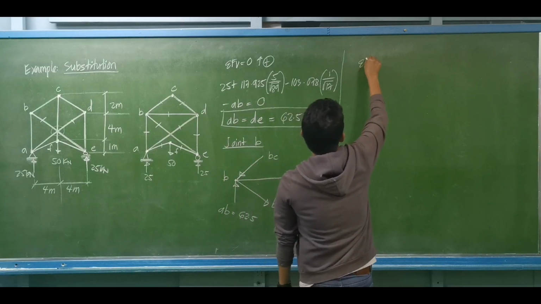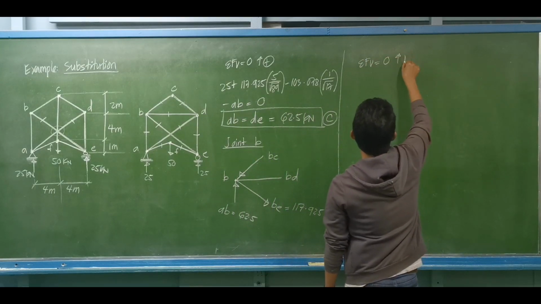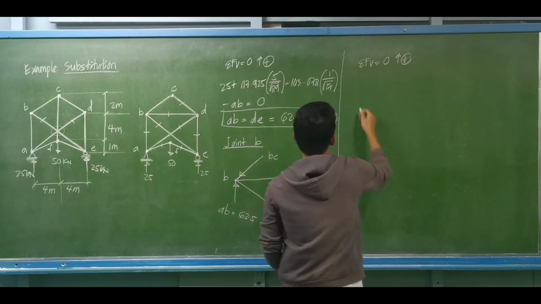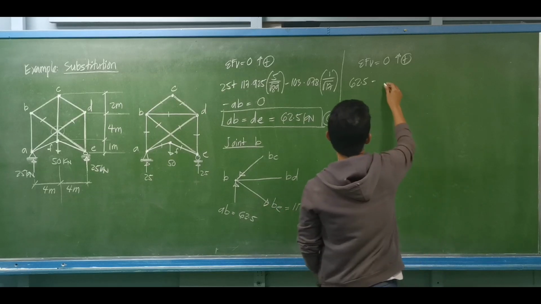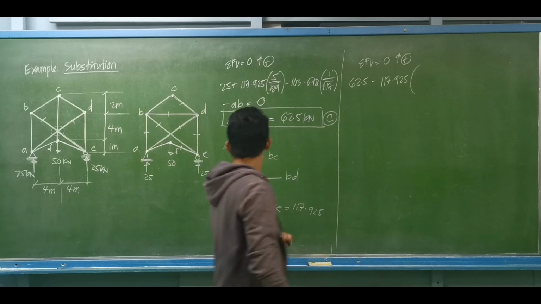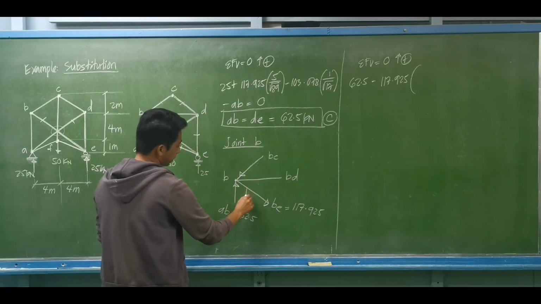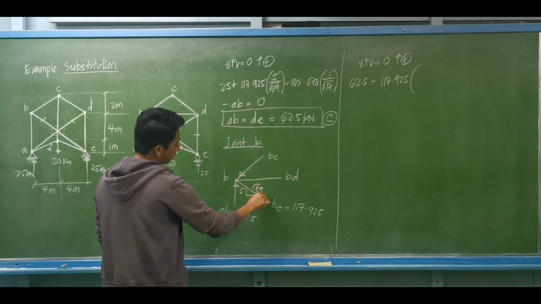So this is by summation of forces vertical equal to 0, upward forces to be positive. AB, we have 62.5 minus 117.925. What is the vertical component of this? Again, the slope is 8 horizontal, 5 vertical, square root of 89.